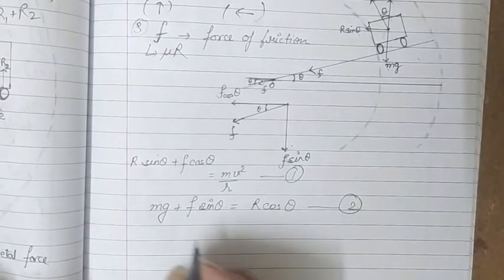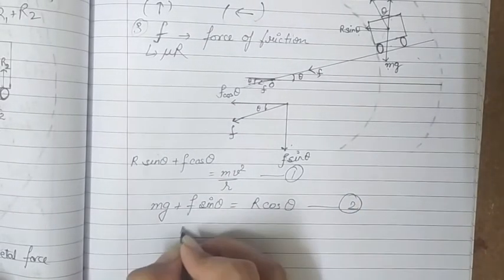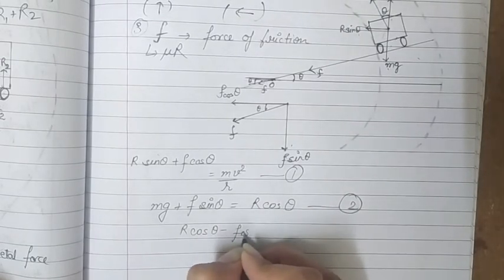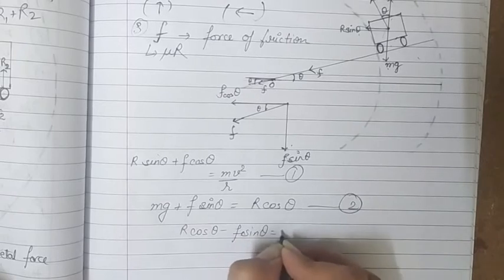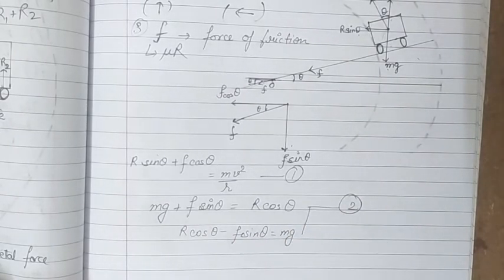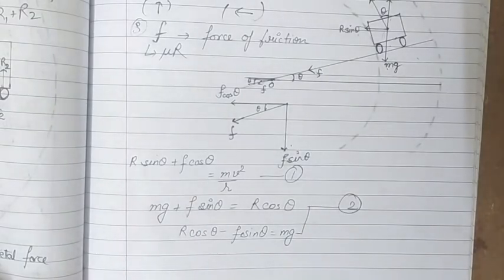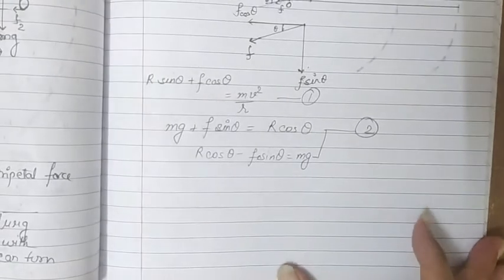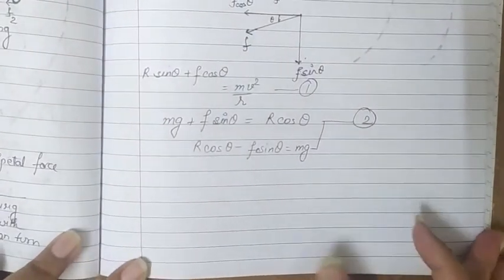or we can rearrange it to get R cos theta minus F sin theta is equal to mg. So I'm writing it as equation number 2 because I'll be using this one for further calculation. This is the same equation, we just rearranged it. Now for further process, we are going to divide equation number 1 by 2.